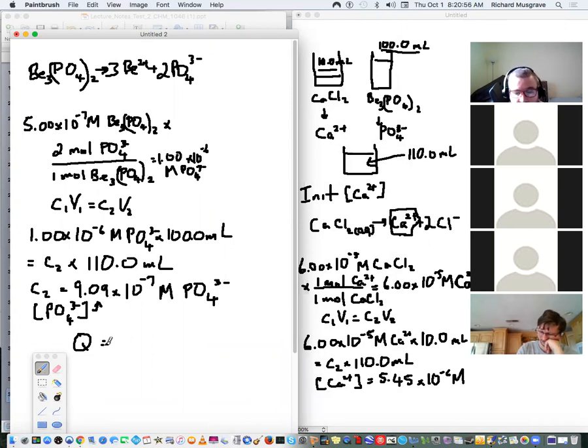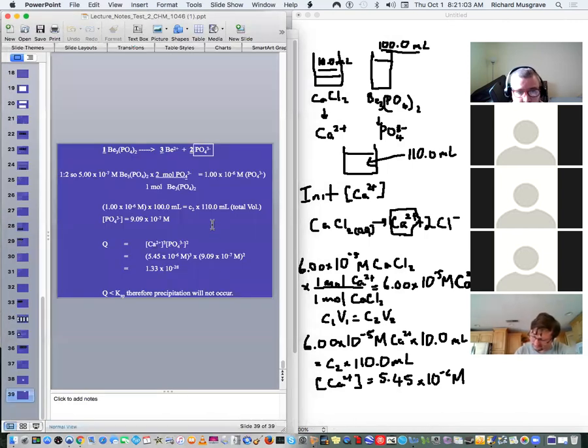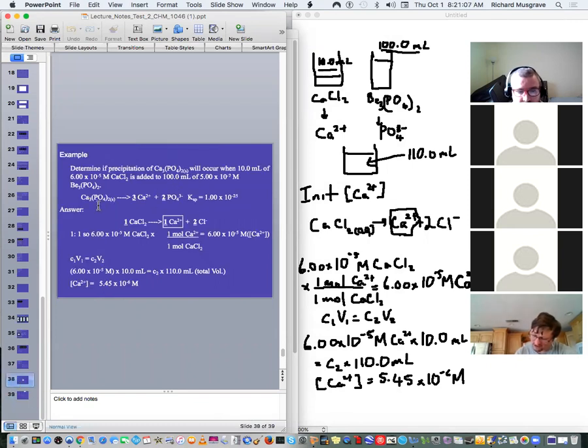which again we get from the question. Where's the question? Here we go. And the question tells you what we're looking for, and this is how you're going to get your Q. It's going to be [Ca2 plus] cubed times [PO4 3 minus] squared.